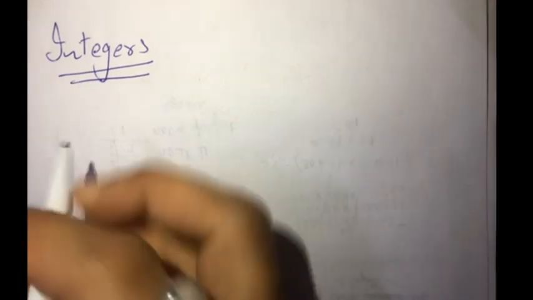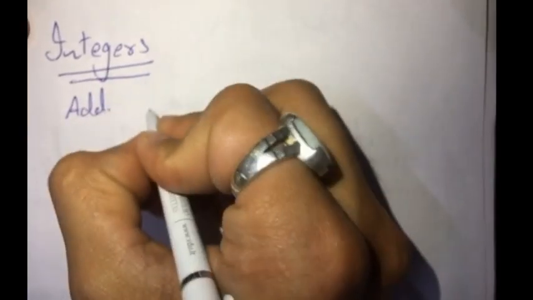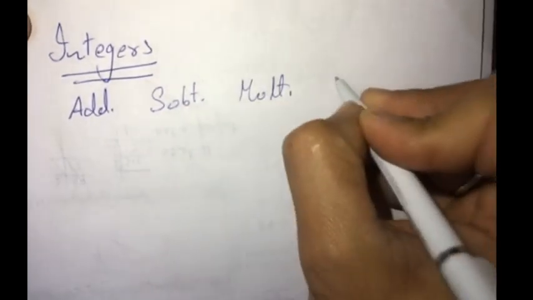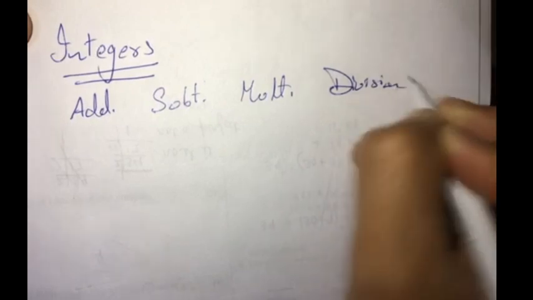Now, next topic. Now next is for integers. If you check the closure property for integers, you have to check it first for addition, then subtraction, third multiplication, fourth division.